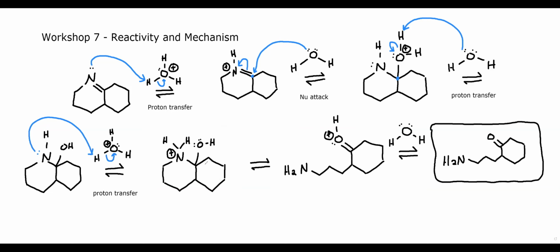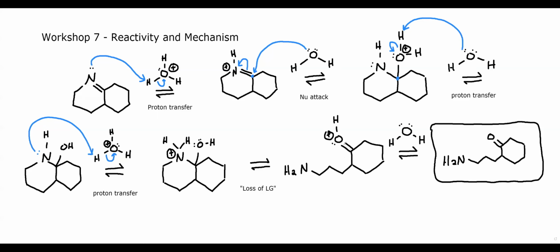So what's happening here is essentially we're getting the loss of a leaving group. I'm going to put it in quotes. We're kicking out a leaving group, but I'm putting it in quotes because the leaving group is still attached to the molecule. We're sort of just kicking off this leaving group here. Let's draw some arrows.